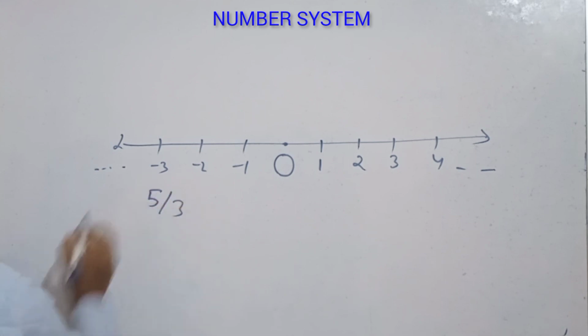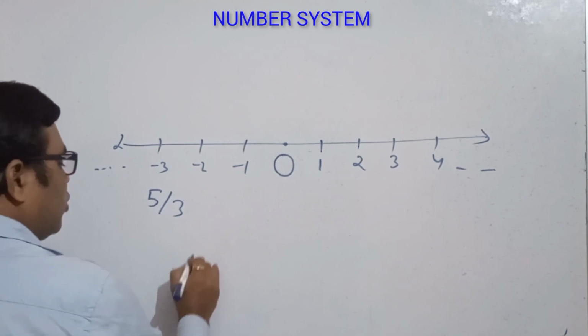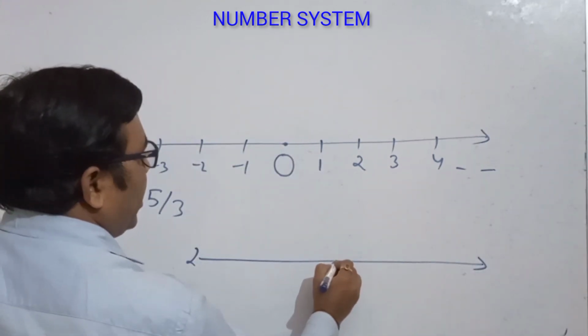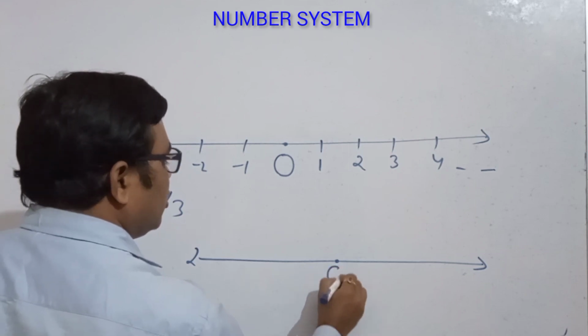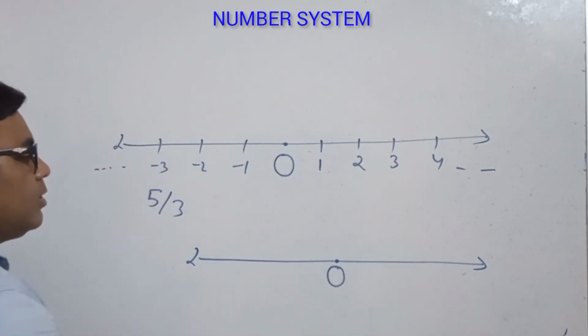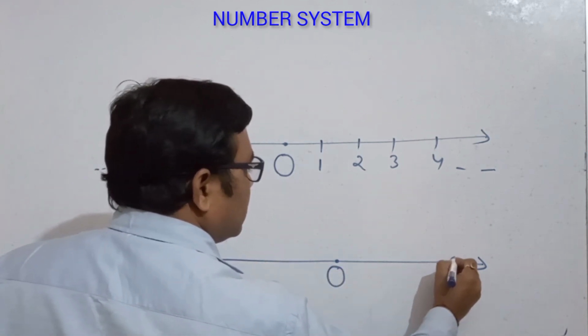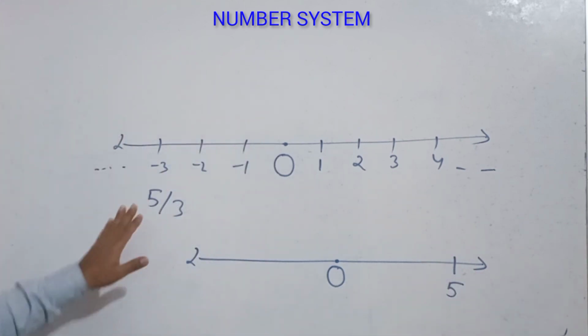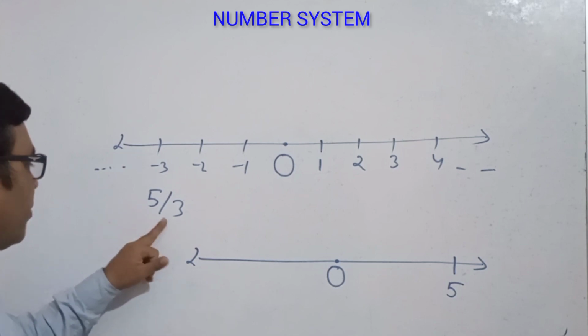5 by 3 on number line, so for this, first we will draw a line. Take a point where we can represent 0, and next one, take a point where we can represent 5. Now we have to represent 5 by 3.